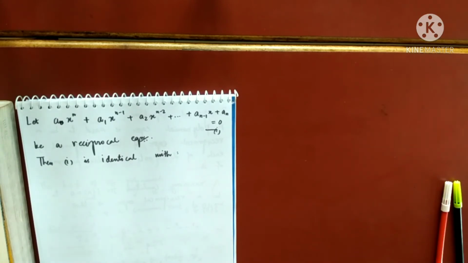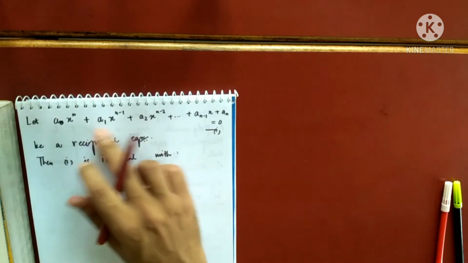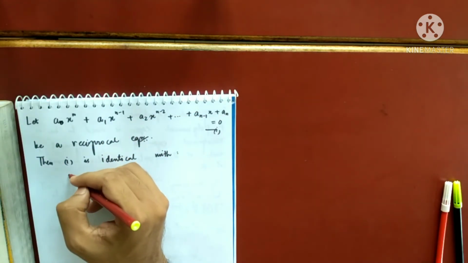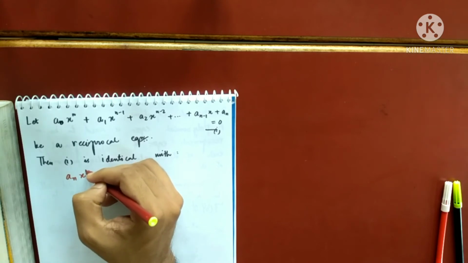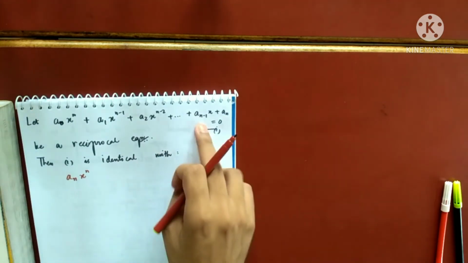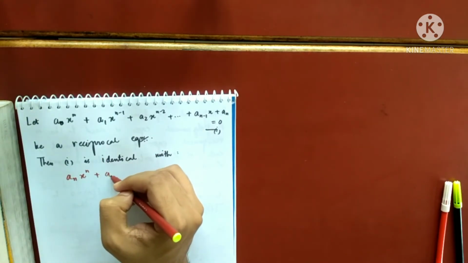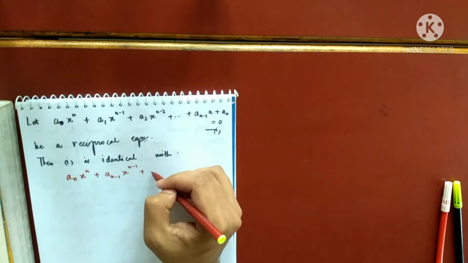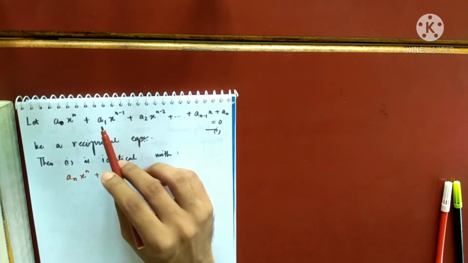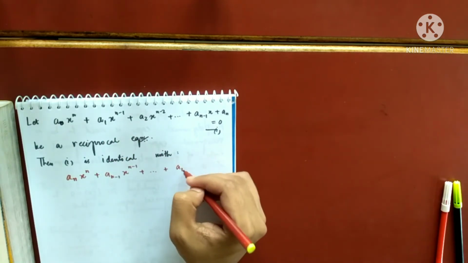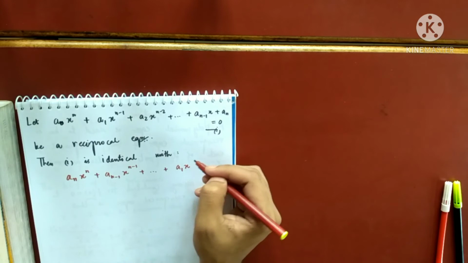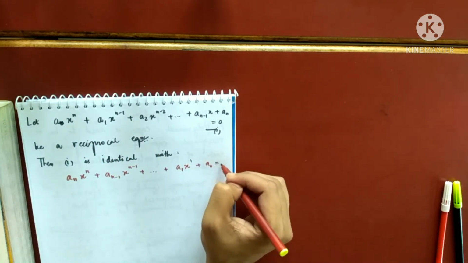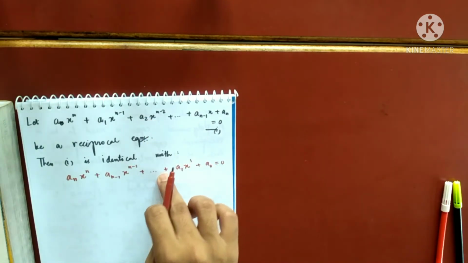So what is the equation whose roots are the reciprocal roots of this equation? We write the coefficient in the opposite manner. That means an x to the power n, so an coefficient will be taken, then an minus 1 x to the power n minus 1 plus dot dot dot. The second last coefficient will be a1 x to the power 1, and then the last coefficient will be a0. So this must be identical with this.